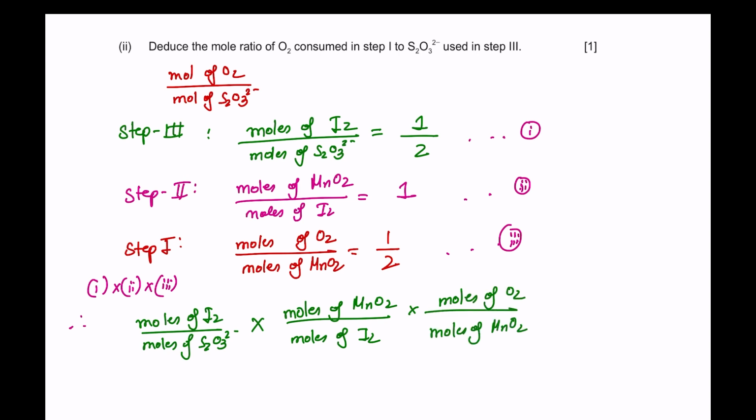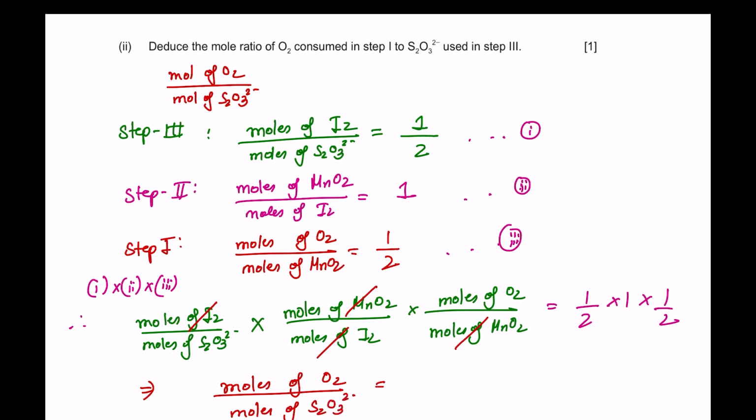This would be our left hand side, and the right hand side would get multiplied to half times 1 times half. So let's just see what can be cancelled. The MnO2 terms can be cancelled, and the I2 terms can be cancelled. So what we are left with is moles of O2 by moles of S2O3 2 minus. This will give us 1 by 4, and this is the answer to this question.